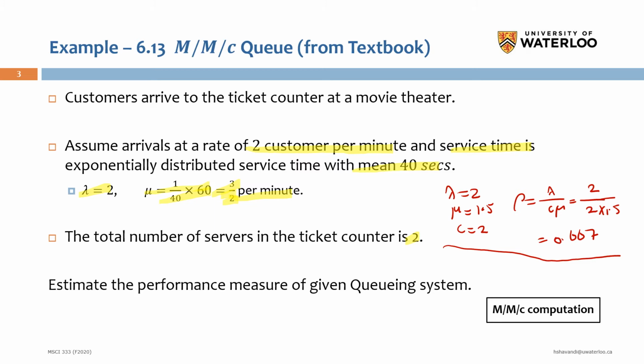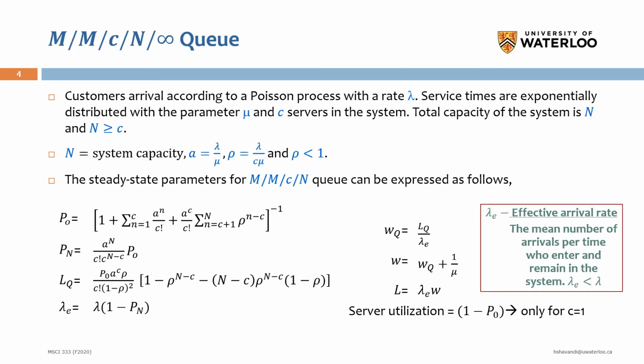Okay. The next model that we have here is M/M/C/N/infinity. So here we have M/M for arrival and service time, so exponential distribution for inter-arrival time, and exponential distribution for service time.